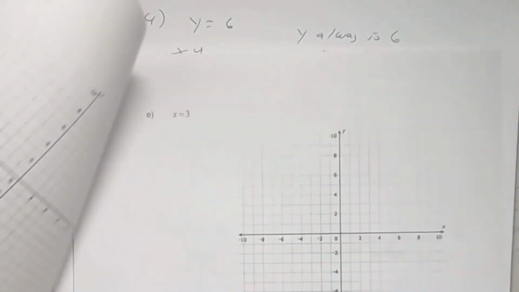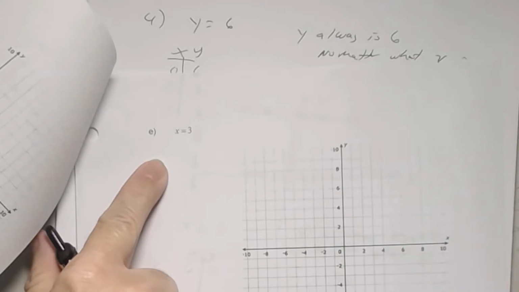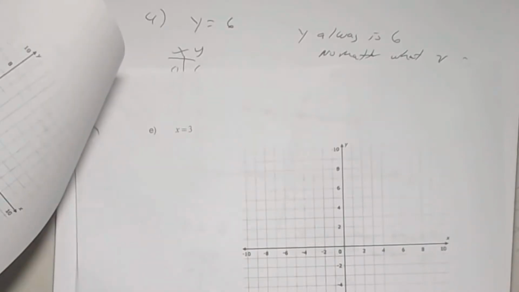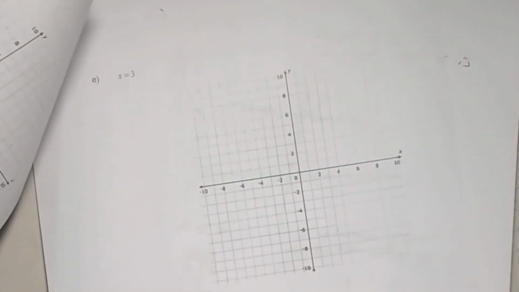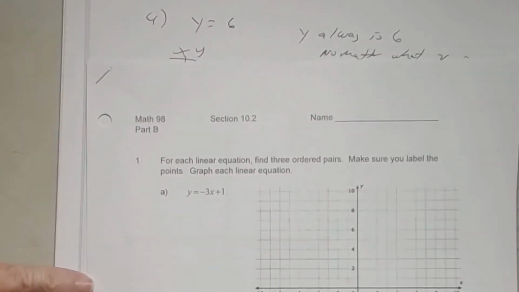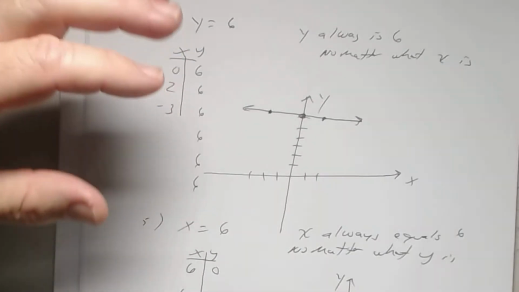So I want you to look on that very last 2, the E and the F. So E is going to be what kind of line? X equals 3. Vertical. F is going to be what kind of line? Y equals -5 will be horizontal. Okay? All right, so don't forget, though, there's A through F here. All right, so that takes care of that B.